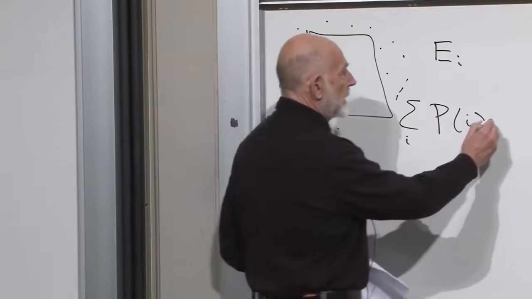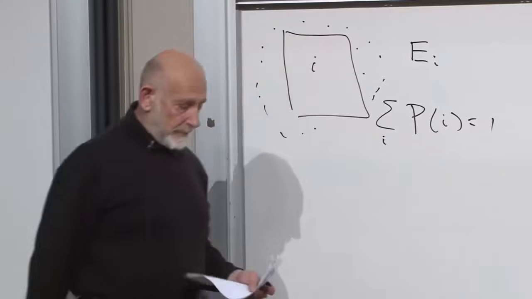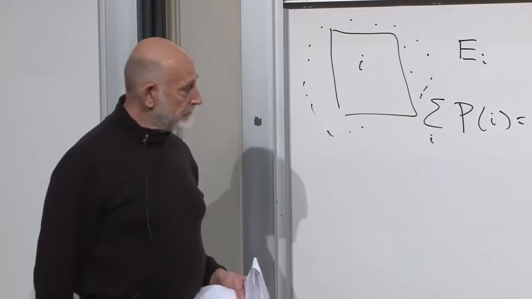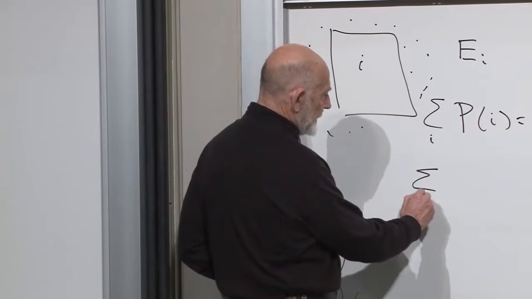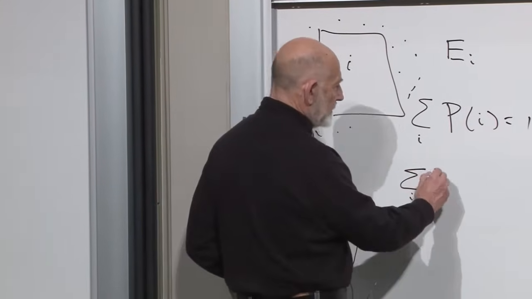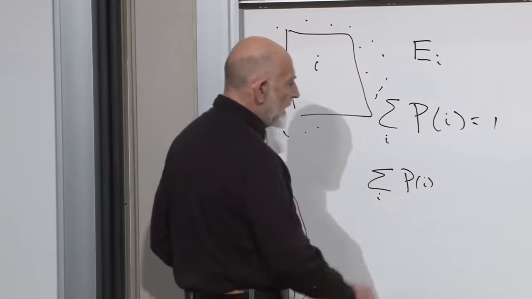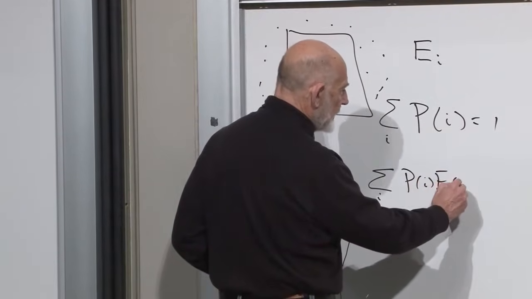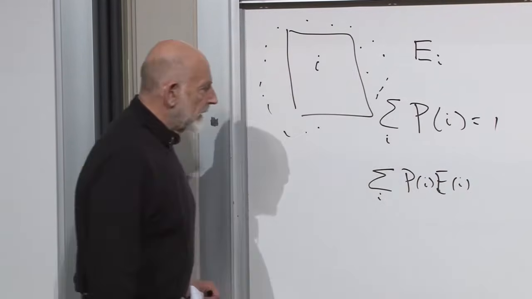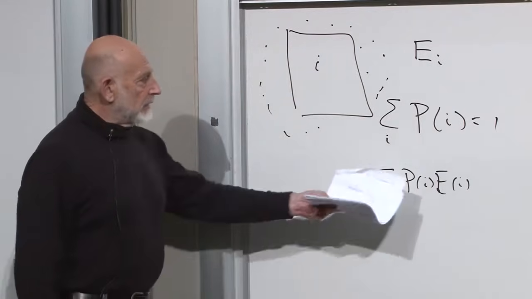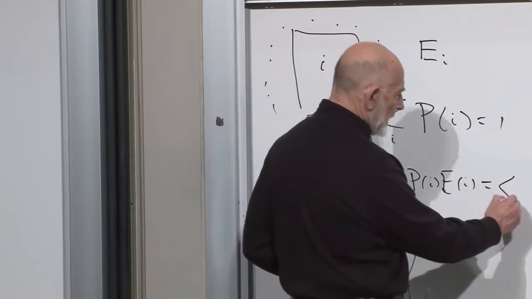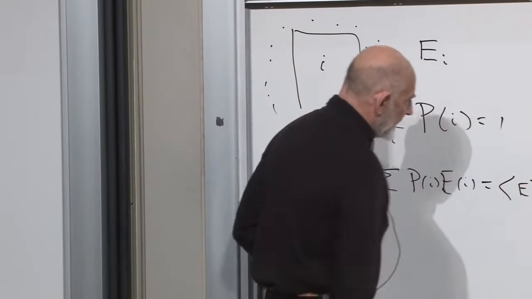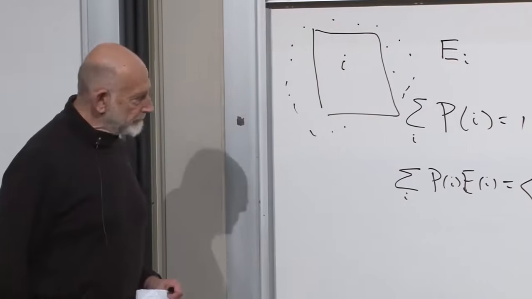The first one is that the sum of all probabilities is 1. Another rule, it's not even a rule, it's a definition: if I take P of I, multiply it by the energy of the ith state, and sum over I, that's the average energy. I guess we can call it E. That's the average energy of the system.